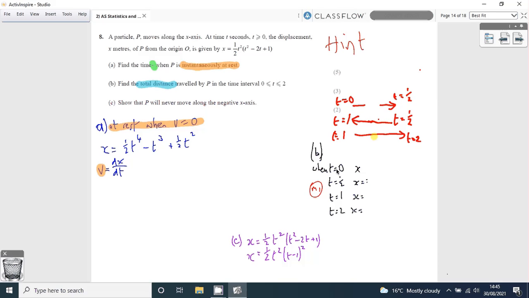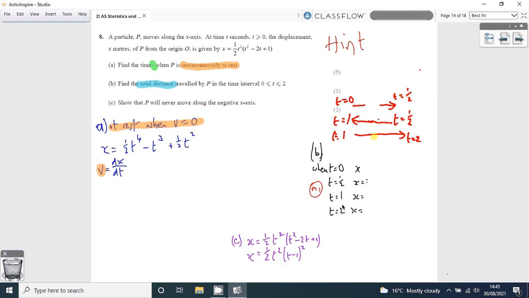So you've got to work out when time is 0 where you are, what is x when time is 0, the displacement when time is 0, then work out the displacement when time is a half and take one away from the other to work out how far you've gone between 0 and half a second. Then work out your displacement when time is 1, and take that away from where you were when time was a half to work out another little bit of distance travelled.